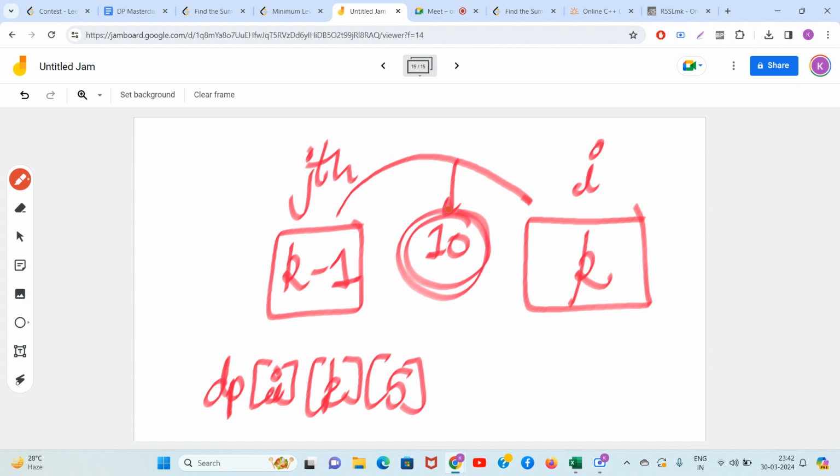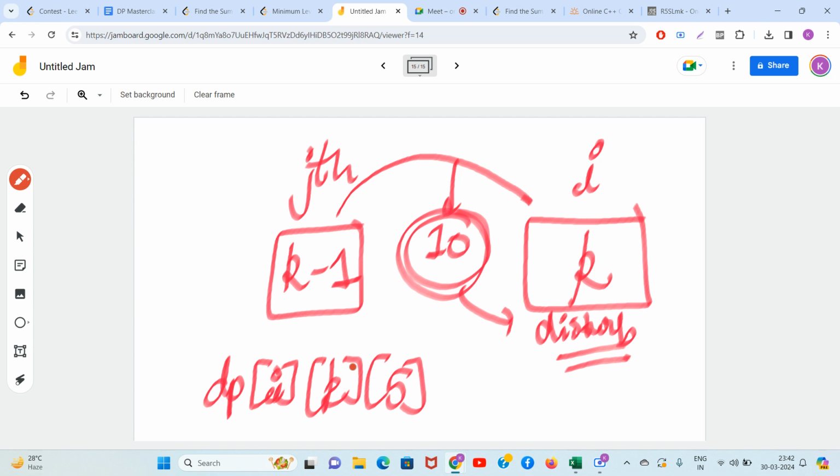It means that this guy will not disturb you. Why? You want to know how many sequences are there such that their difference will come as 5.